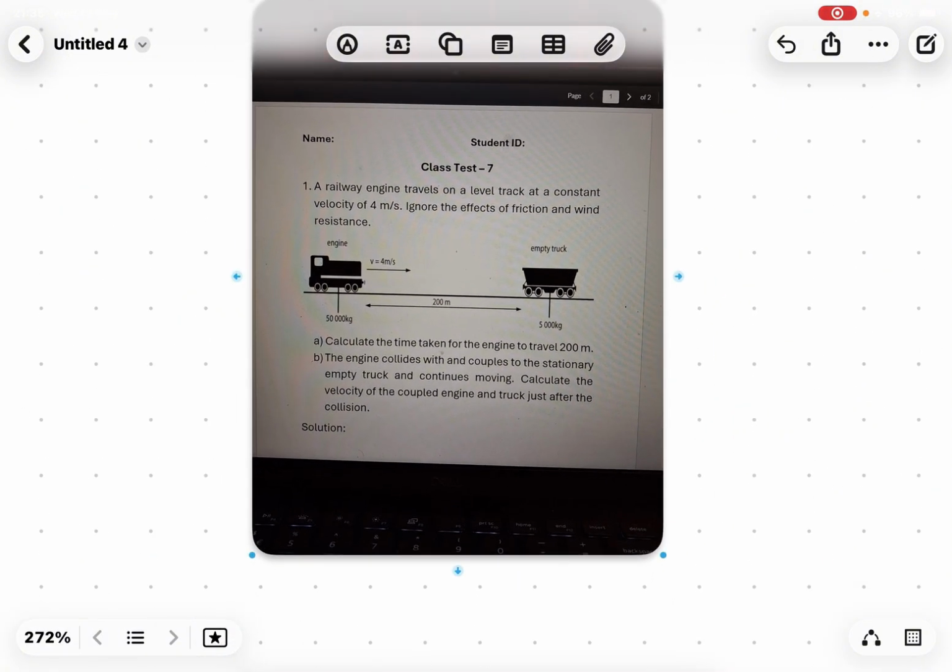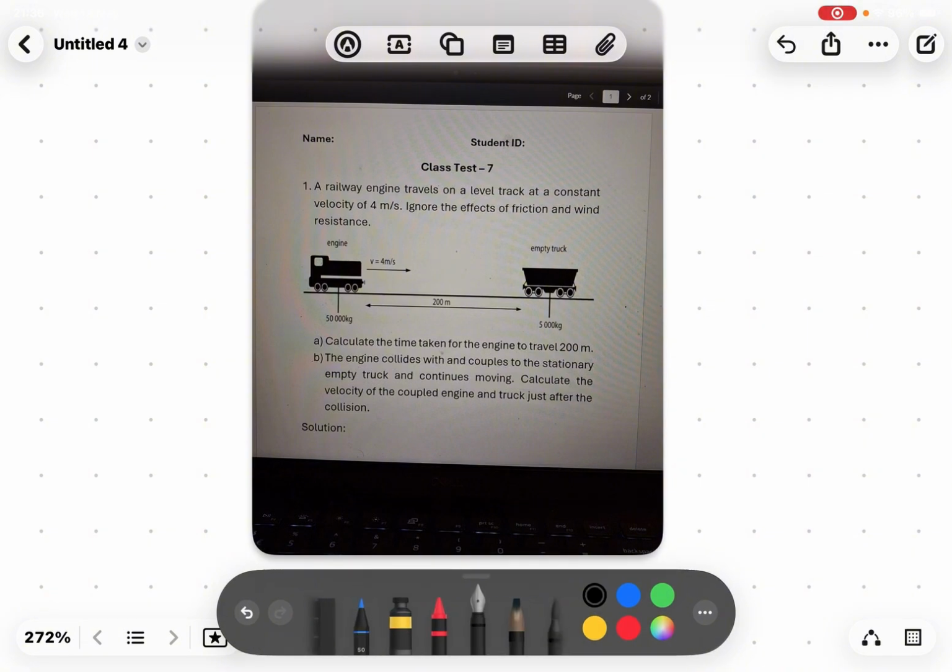Hello, everyone. First of all, let's calculate. Please read the question. Part A is asking to calculate the time taken for the engine to travel 200 meters.